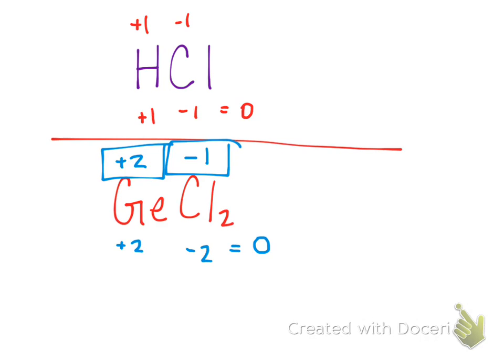Okay. Now let's try some with a charge. What if I gave you... Does anybody name that one? It's a polyatomic ion? Chlorate.